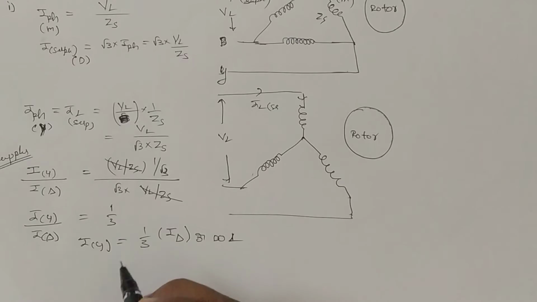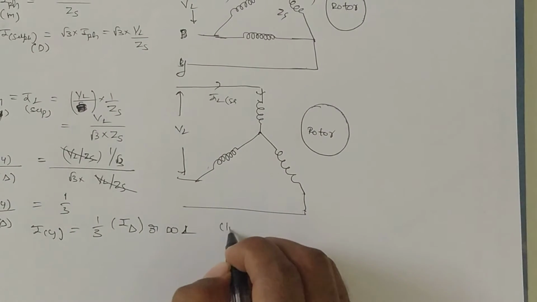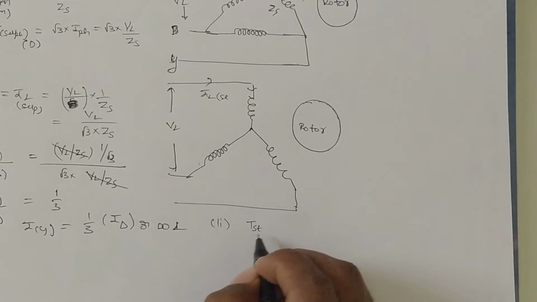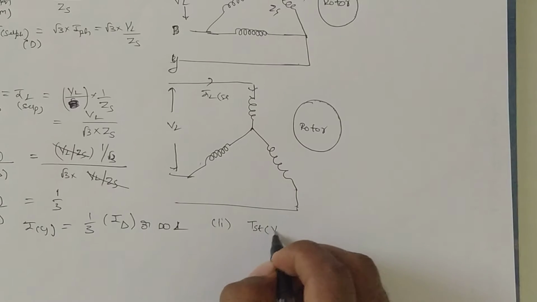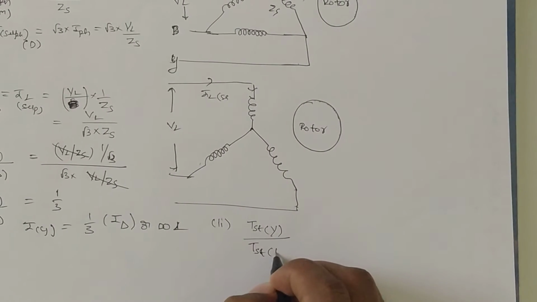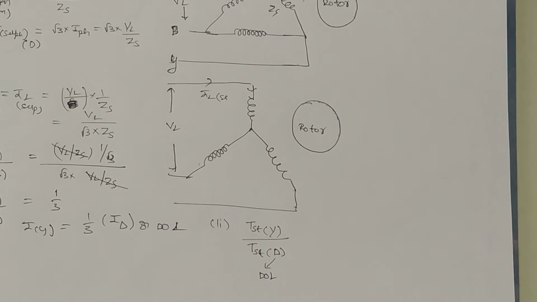And let us comment on torque also, what happens to the torque? Second point, that is the torque. T starting with star divided by T starting with delta, or you can call it DOL, direct online starting.